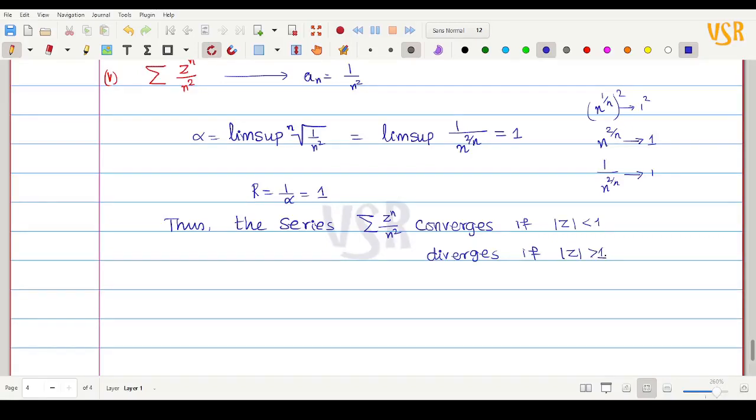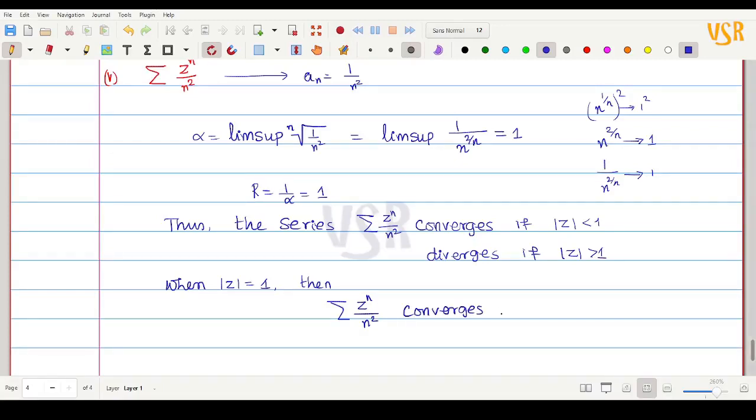These all diverge, that's it. Okay, now when z equal to 1, I may instead write when modulus of z is equal to 1. Then this series summation z to the power n divided by n square converges.